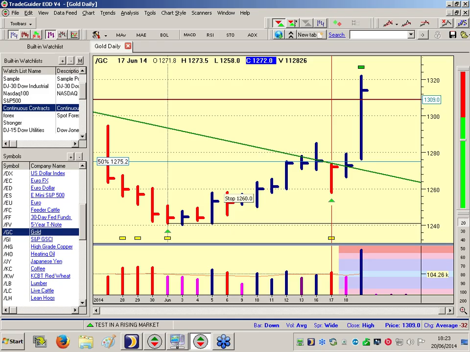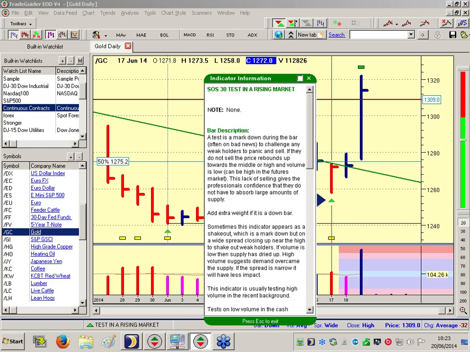But whenever you see this test like this, you must assume that market's going up. I mean, you may look at this and say, oh, wow, it looks like an upthrust, look. Looks like weakness. Looks like it's hit the top trend line. But professional money have seen that, they tested, look. And whenever you see these tests, you must pay attention to that. Test in a rising market, that's one of our well-known signals.